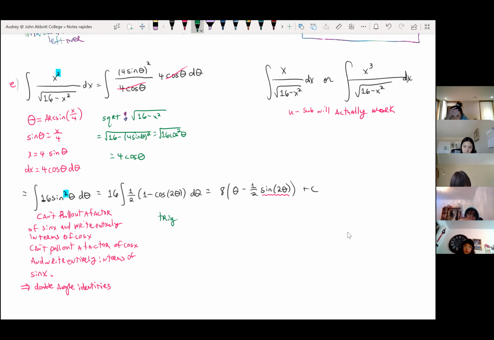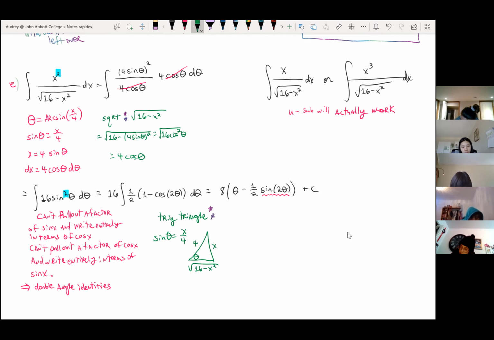If I use my trig triangle, then I'm using the fact that sine of theta is equal to x over 4. My trig triangle has this angle theta right here, so this is opposite over hypotenuse, and then this becomes the square root of 16 minus x squared.